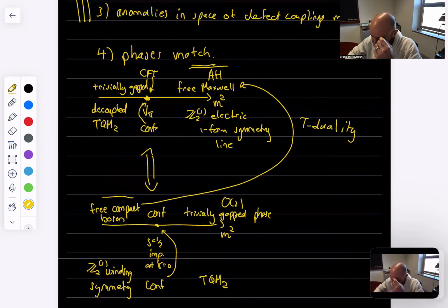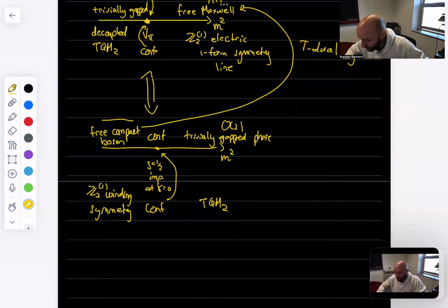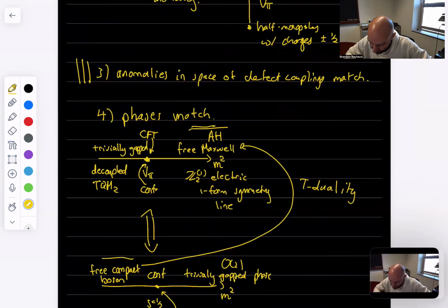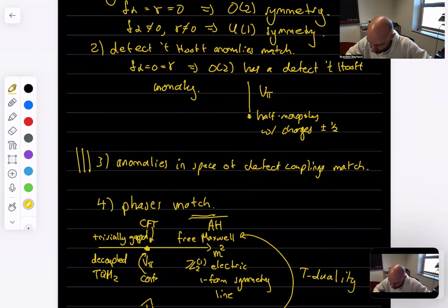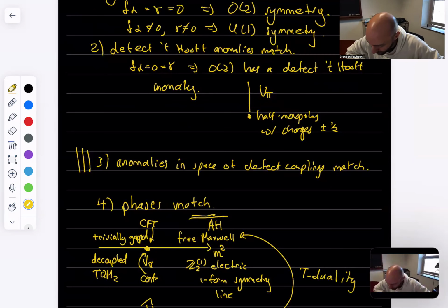Okay, so just to conclude, we discussed how to use various tools in quantum field theory in concert with one another to learn things about defects. And along the way, we introduced some new kinds of anomalies, like these anomalies in the space of defect couplings.